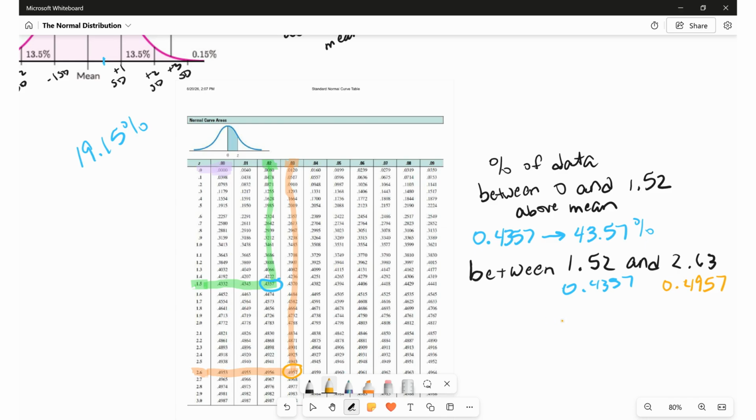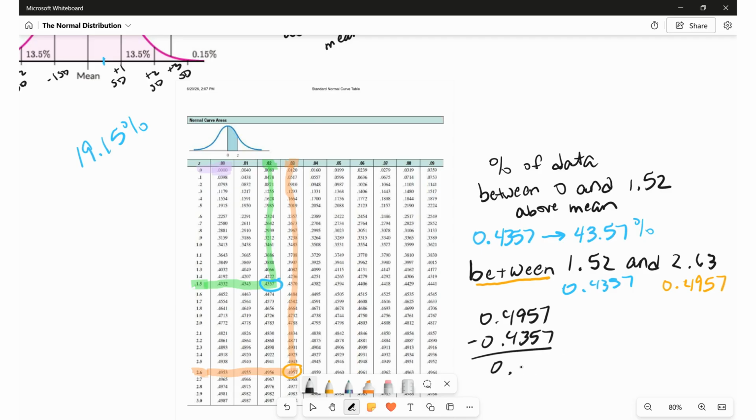Now, can you guess what we're going to do to figure this out? Well, if we want to see what is between these two, it might be a good idea to subtract. Okay.